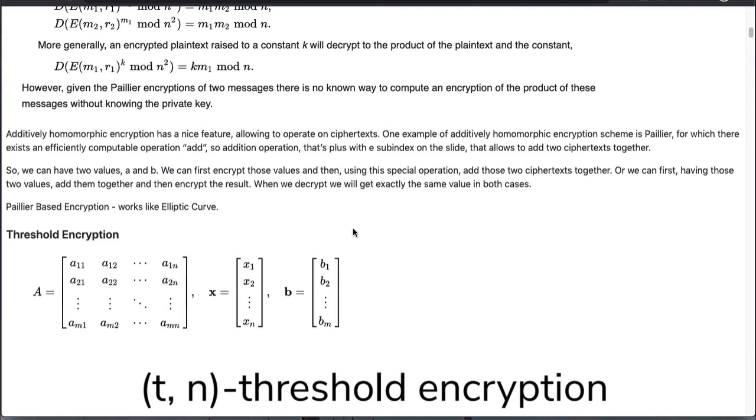In fact, as long as I have some number of equations that's larger than what I need, it's still solvable. So from a threshold perspective, if my threshold is just enough equations to solve the system, I can have as many additional equations as I want.